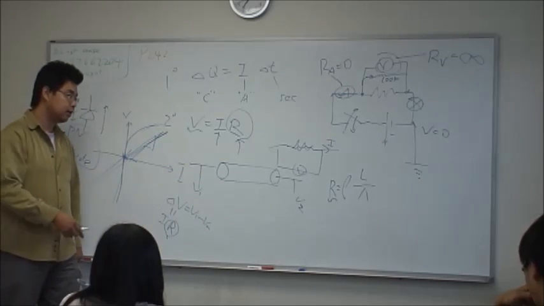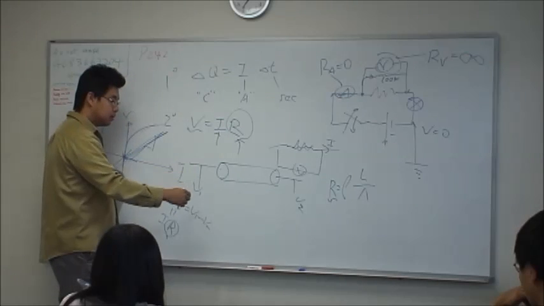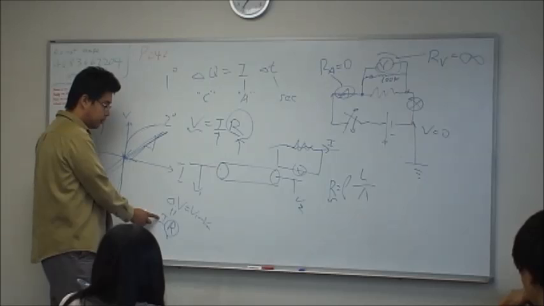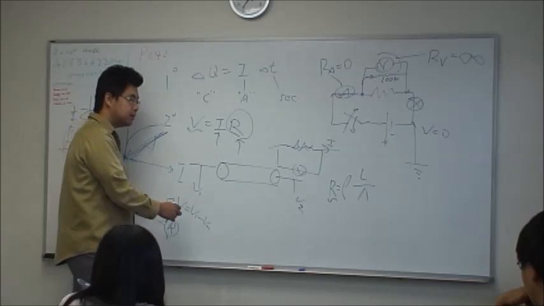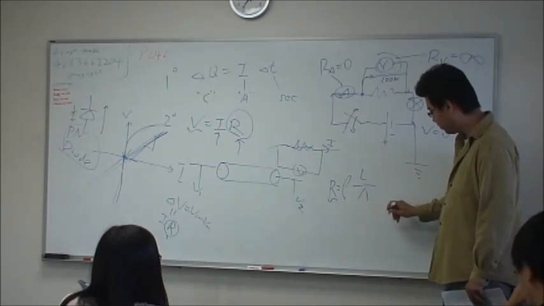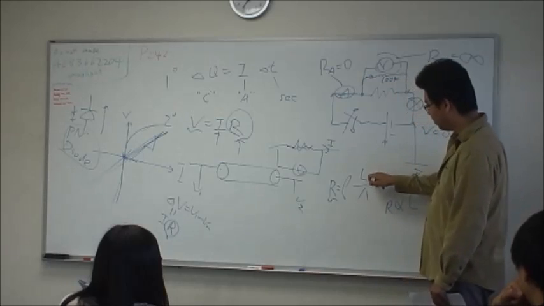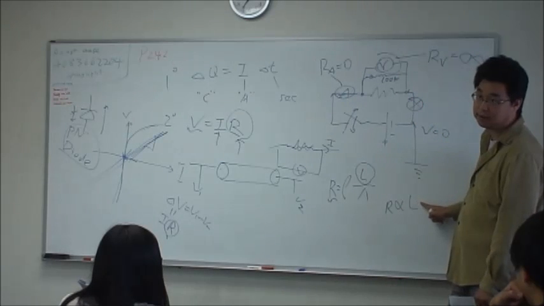What we know is that if the wire gets longer, there's more resistance, and this R can be larger, or for the same current, the delta V will be a little bit larger. Okay? So first, this resistance will be proportional to L. It means the longer the copper wire, the larger the resistance.